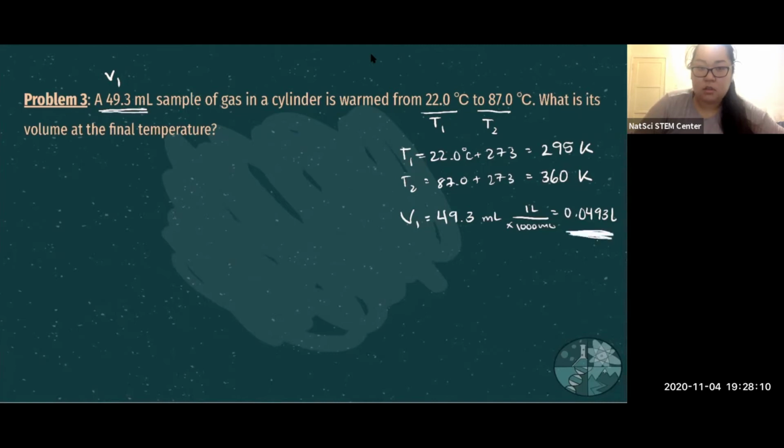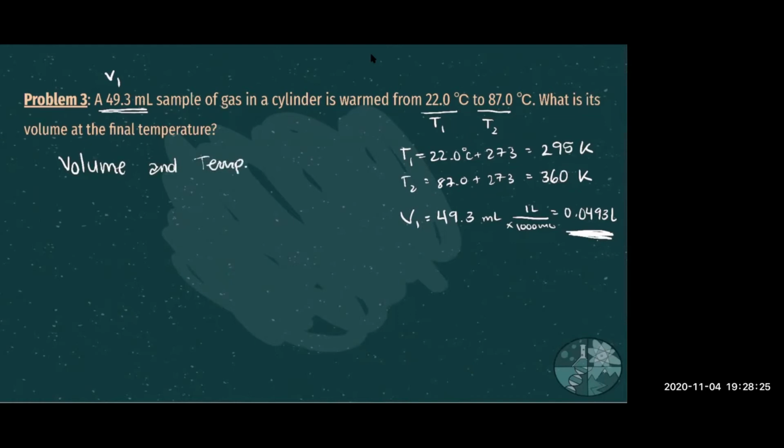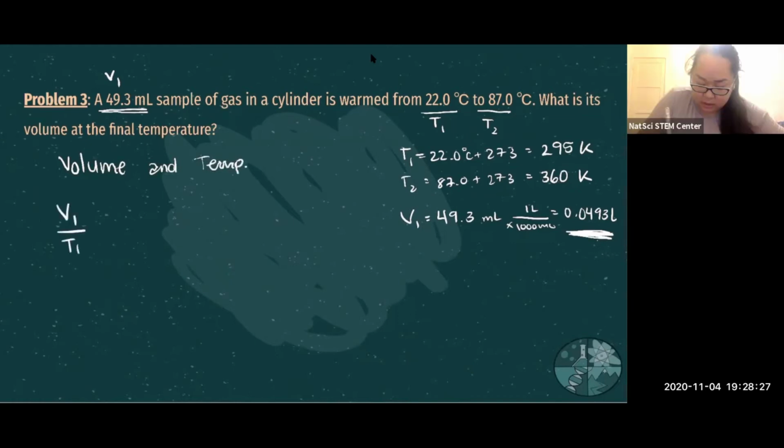And I got this. So looking at this, you have really one option that uses volume and temperature. And that is V1 over T1 equals V2 over T2.